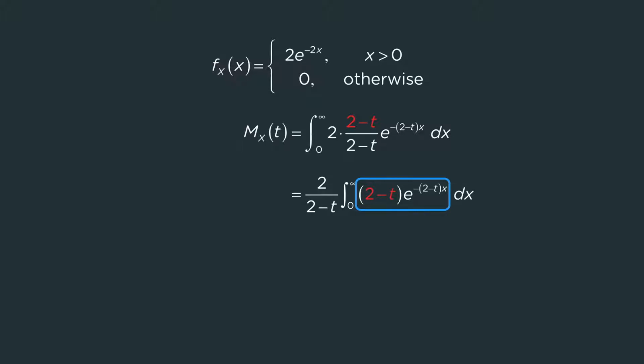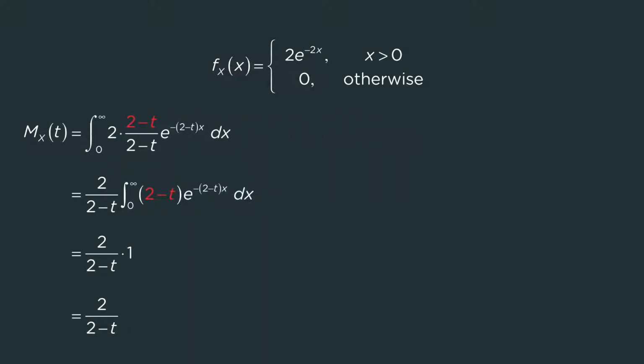The point is, the new integrand is another PDF. Recall a PDF integrated over its entire range equals 1. Thus, x's MGF equals 2 over the quantity 2 minus t. If you don't believe that the integral equals 1, prove it yourself.